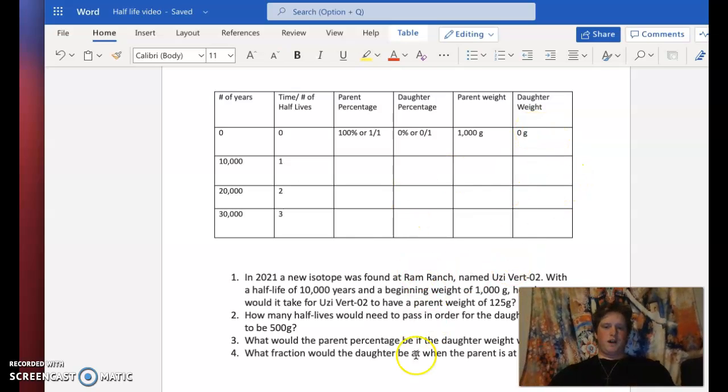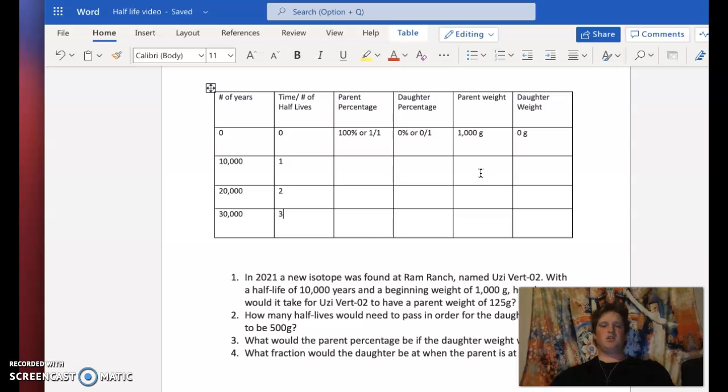So in order to find the parent weight of 125 grams, I would assume personally, because the first time that you would get a half-life of it would be 500.